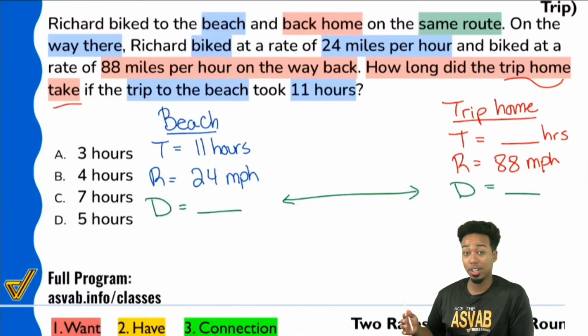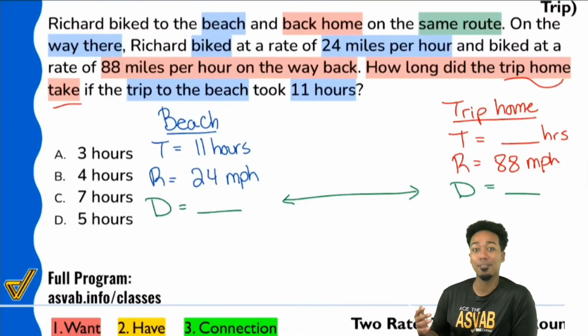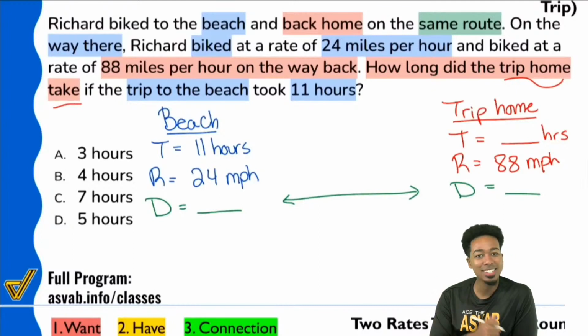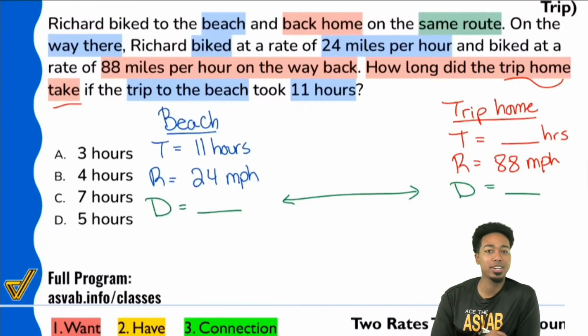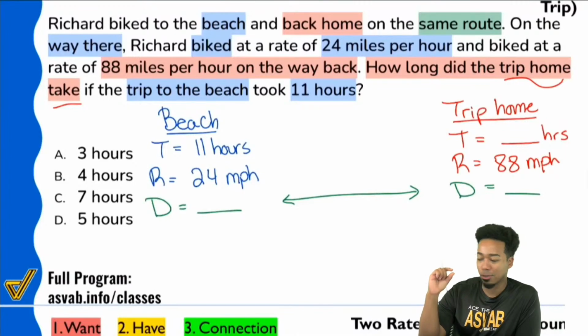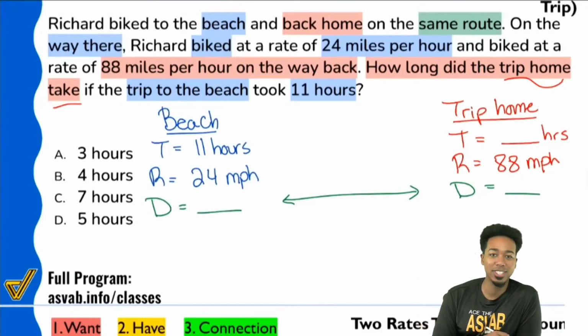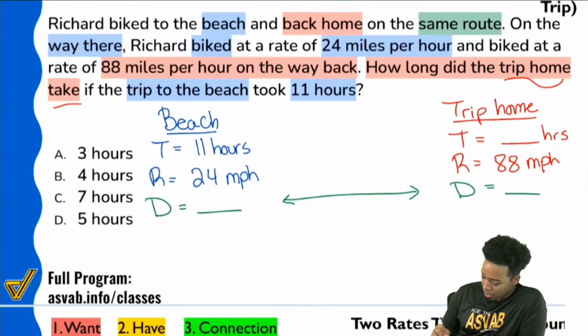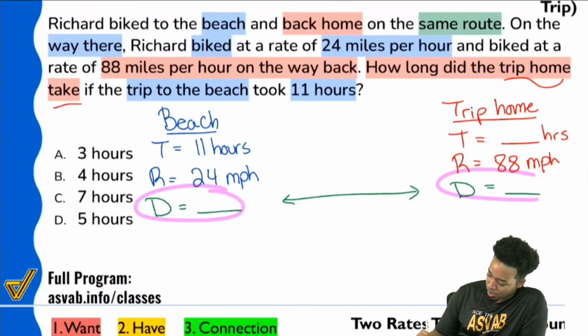That is huge. The next step is getting the setup correctly and solving correctly. You're halfway there. Just because we don't have the answer right now doesn't mean that we're doomed. We're just taking steps, and we'll get there eventually. So here we know that if we find this distance, we can plug that in here and solve.